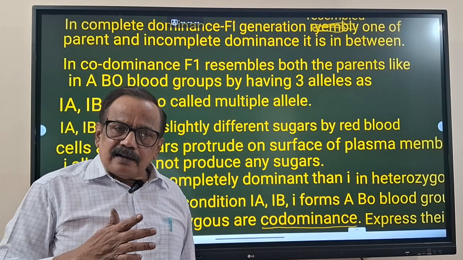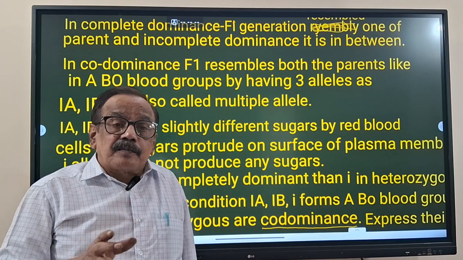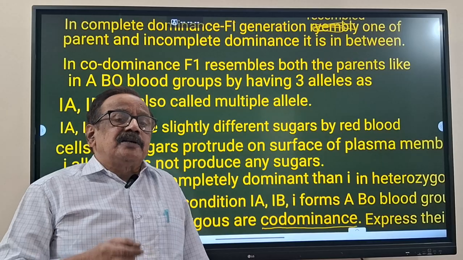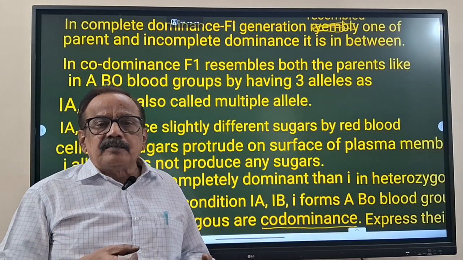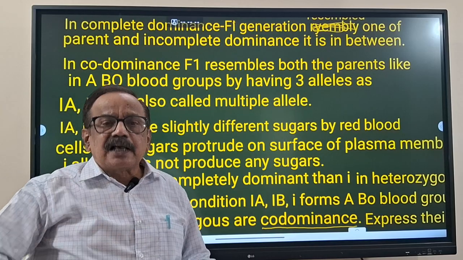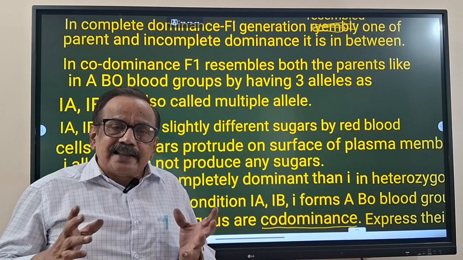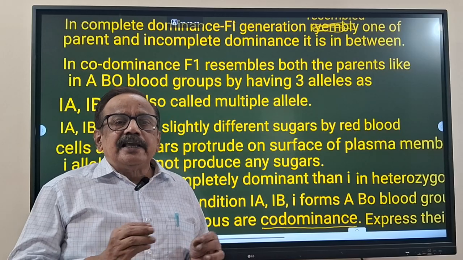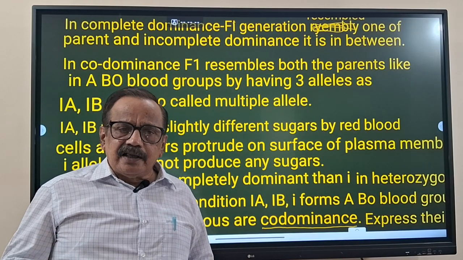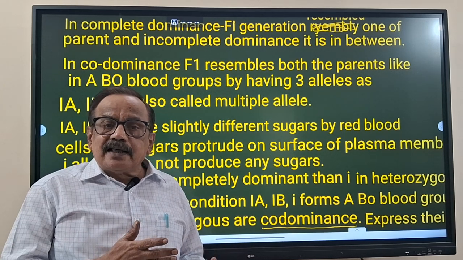So the sugars produced by the red blood cell slightly differ. That is the polymer of the sugar, and it protrudes from the plasma membrane. The difference makes them A and B.